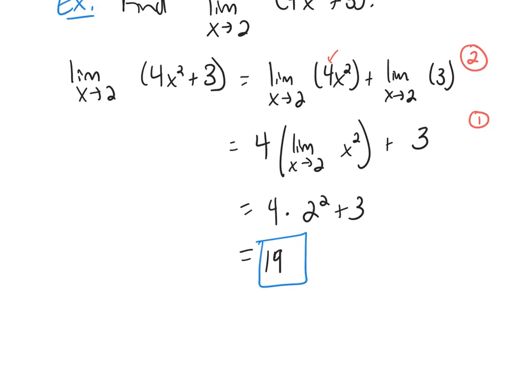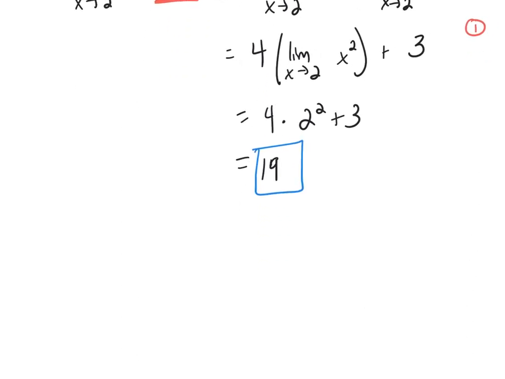And if you notice, if you go back to your original function here, if I just plugged in 2 in place of x, I would also get 19. So you might be wondering, is this always true? And the answer is yes, as long as your function is a polynomial.